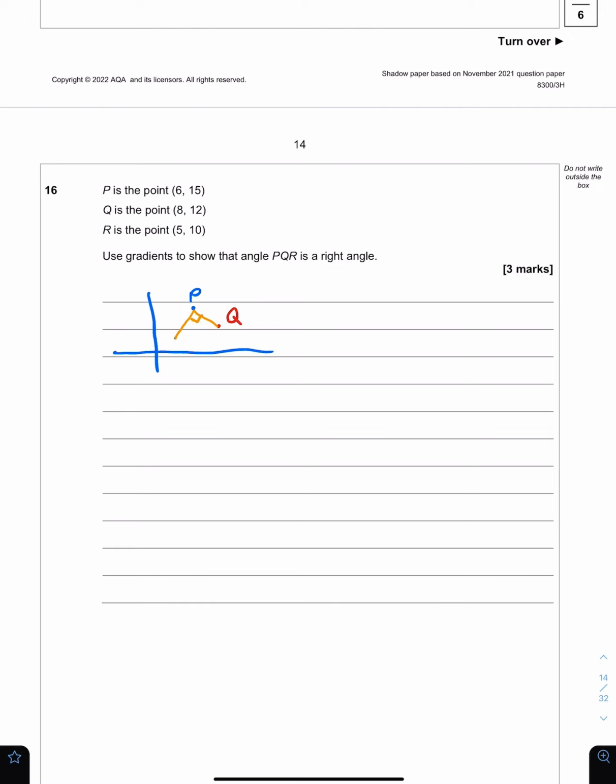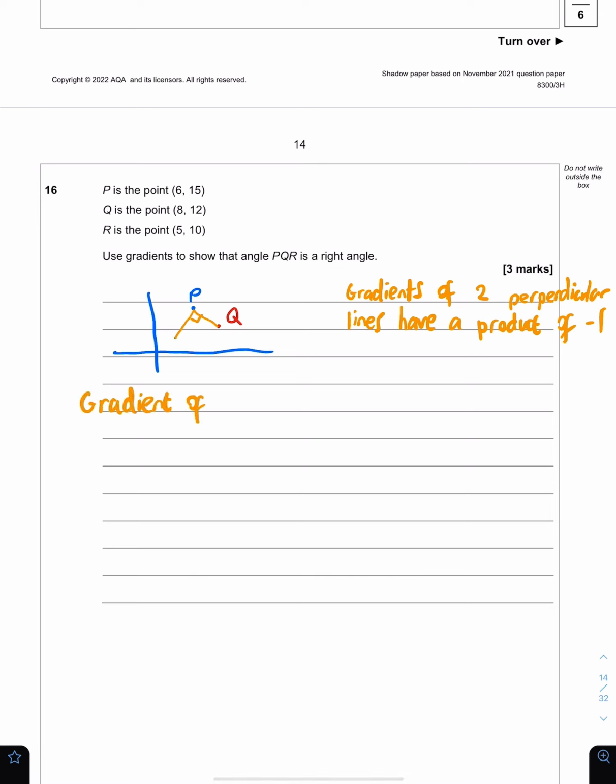Yes. So gradients of two perpendicular lines have a product, which means times, of minus 1. So they multiply to minus 1 basically. So let's work out the gradient of PQ first. The gradient of PQ is change in y over change in x.